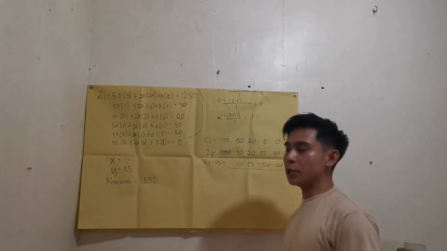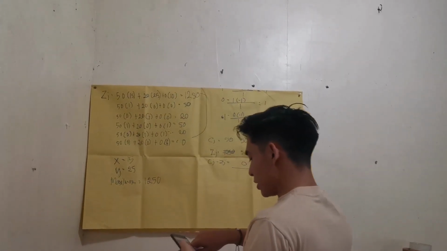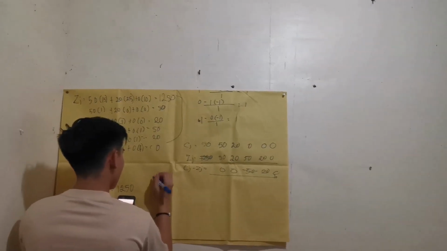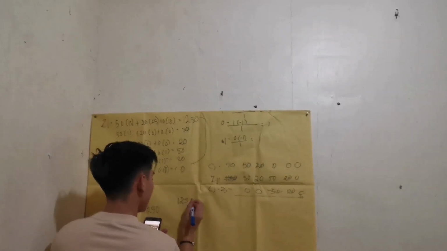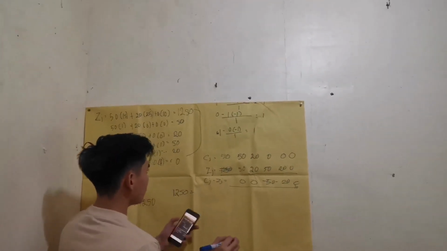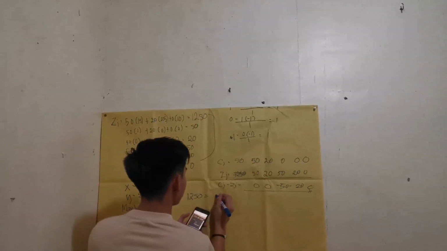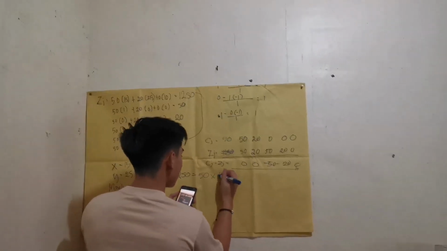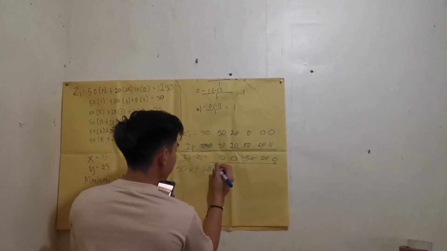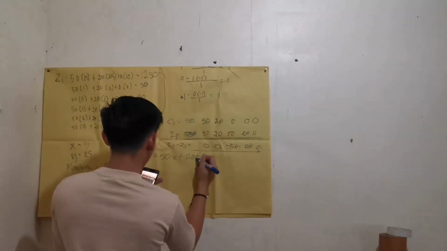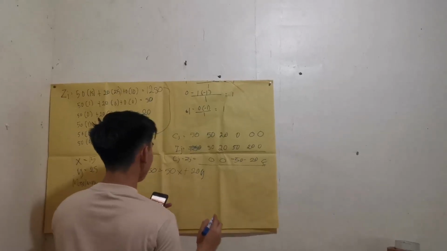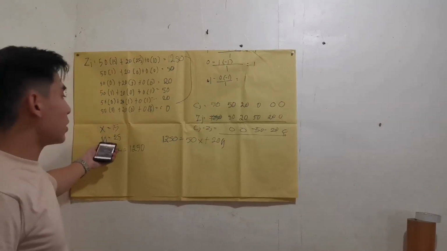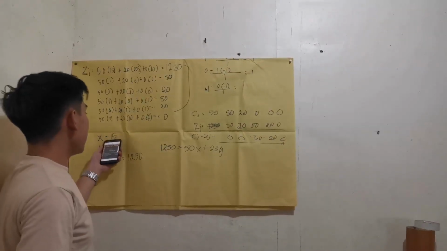So, yan na yung final answer natin. And we can verify it by substituting the variable. So, parang ganito. 1,250, di ba, is equals to 50x, yung $50 per acre, x, and plus $20 per acre din sa crop B, which is y. Itong mga x natin na nakuha natin sa mga values, i-substitute lang natin dito.